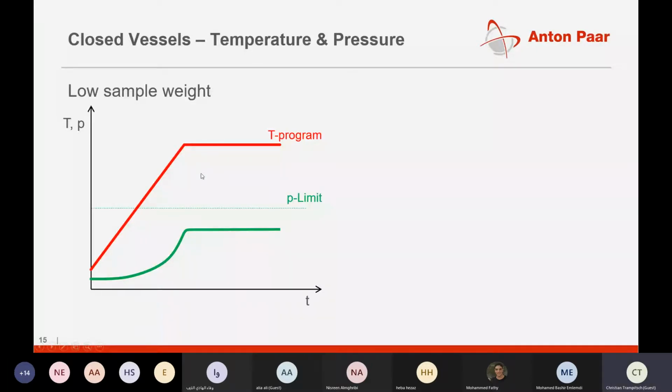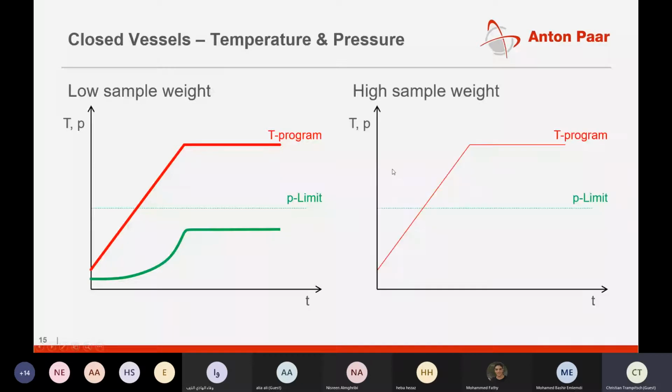When we increase the sample weight, or if the sample weight is too high and we have a well-controlled system, we will also heat and the temperature will increase, but we are running into the pressure limit somewhere. And a well-controlled system will then ensure that we do not exceed the pressure limit. If we exceed the pressure limit, the vessel might break.